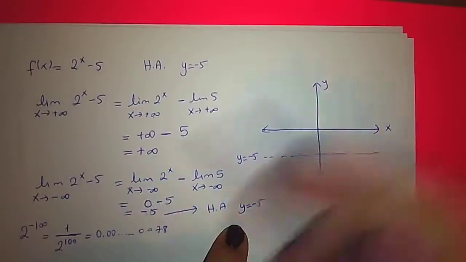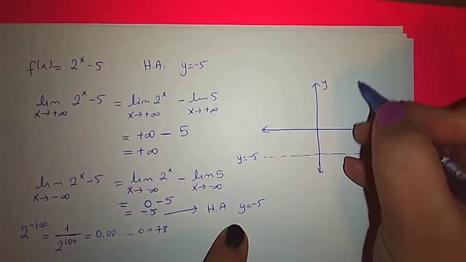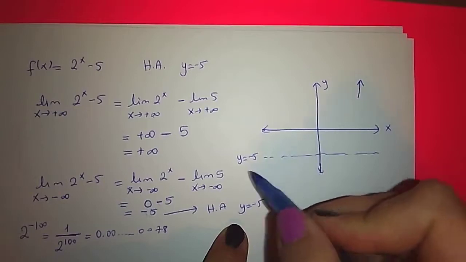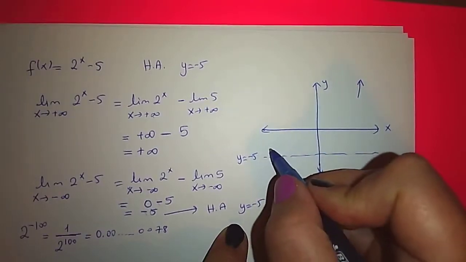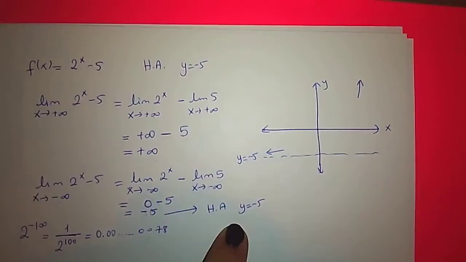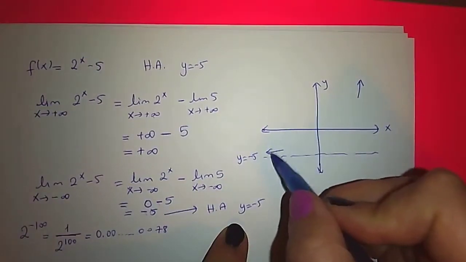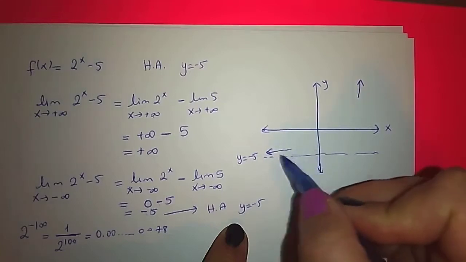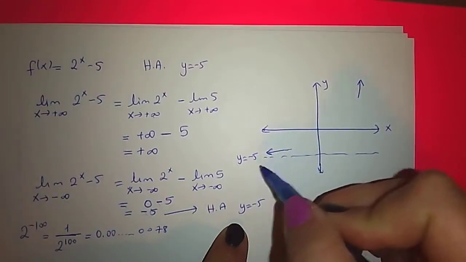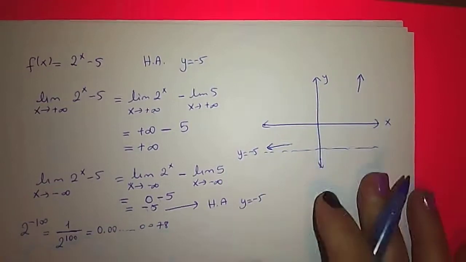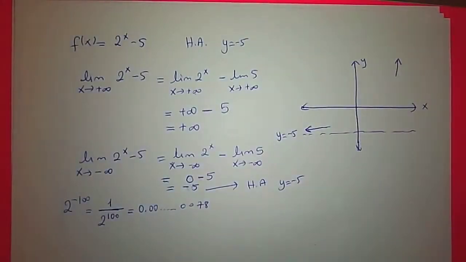As x approaches positive infinity, y approaches positive infinity, so that is one end behavior. And as x approaches negative infinity, y approaches -5, and this is the other end behavior. You can see that the function is approaching -5 on the left end. All right. So let's look at some examples for the limits.